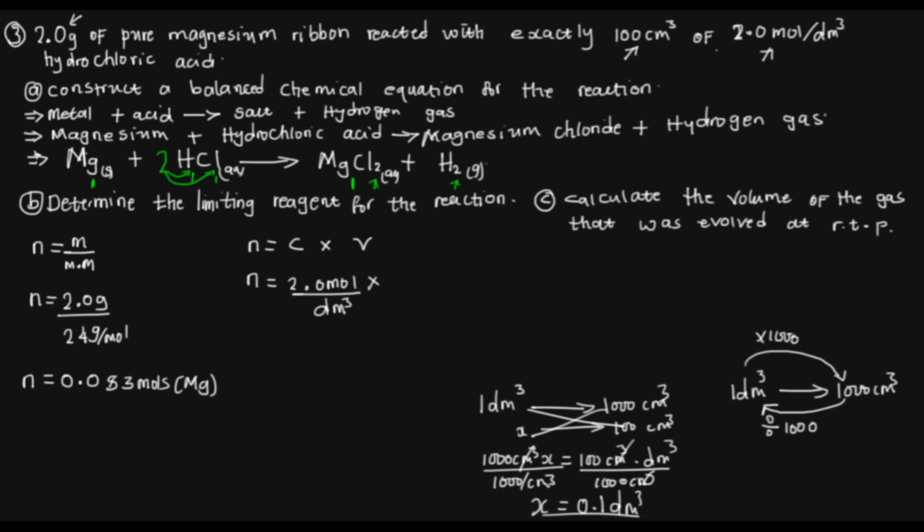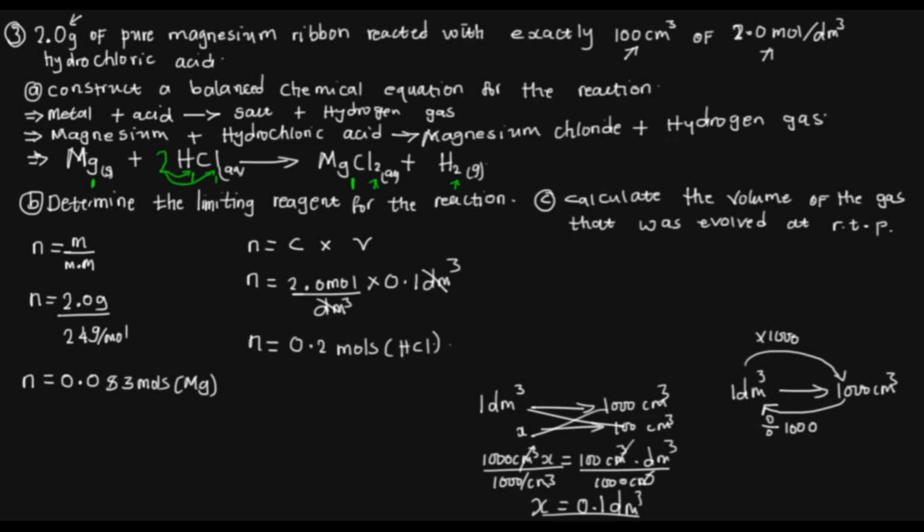So our 100 cubic centimeters in decimeters is 0.1 cubic decimeter, so that we can cancel this and this. We can now say number of moles is equal to 2 times 0.1, and we are going to get 0.2. So 0.2 moles of HCl.